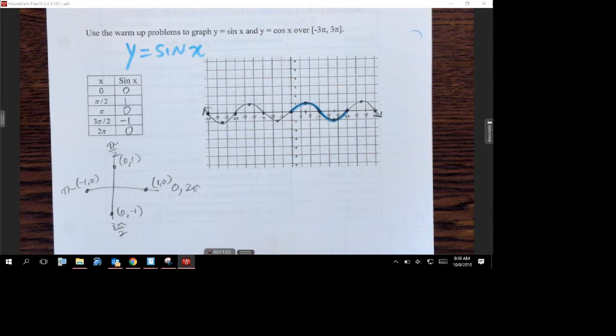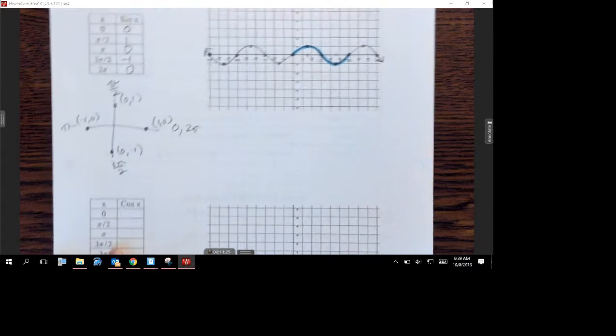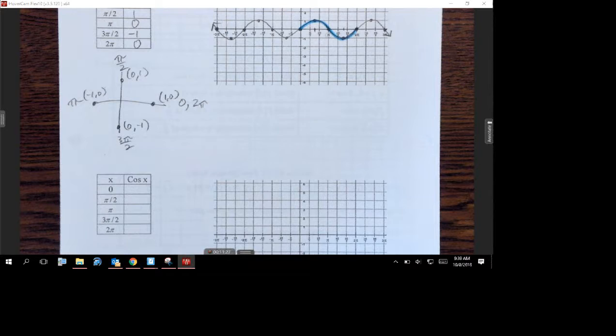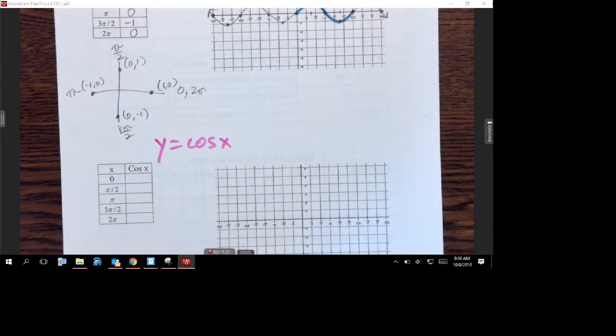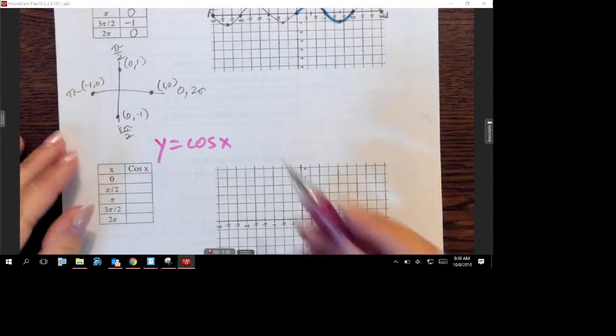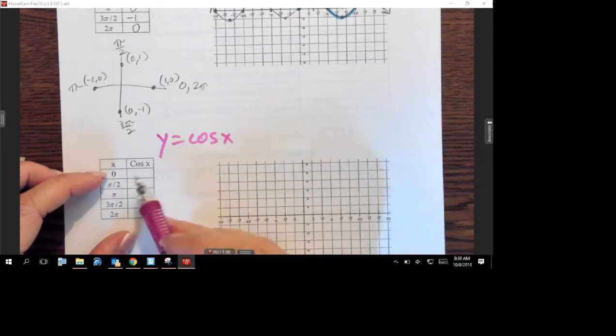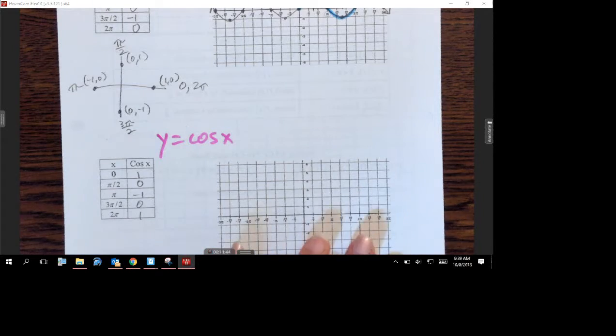So at the bottom, we've got cosine. So y equals cosine x. We're still going to use the same parent function x values. They're going to be the easiest ones to use, but we're doing cosine. So at 0, cosine is 1. Then 0, then negative 1, then 0, then 1. So those are the highest and lowest values for cosine.